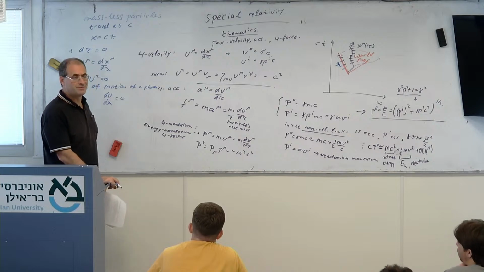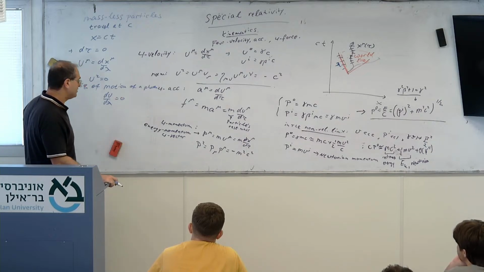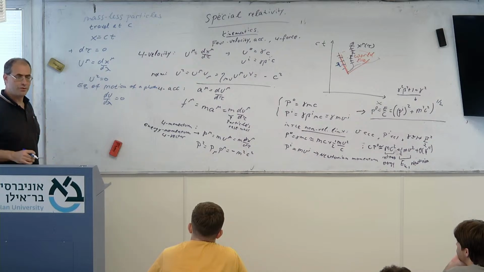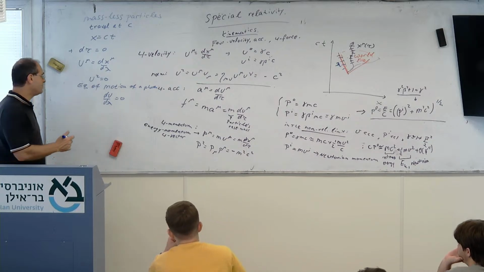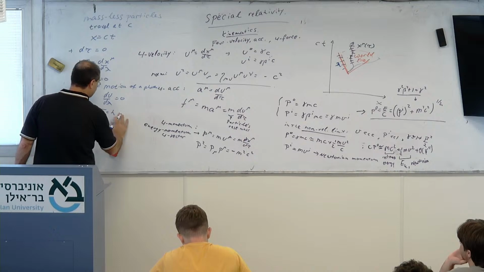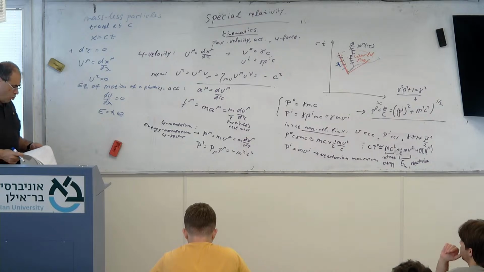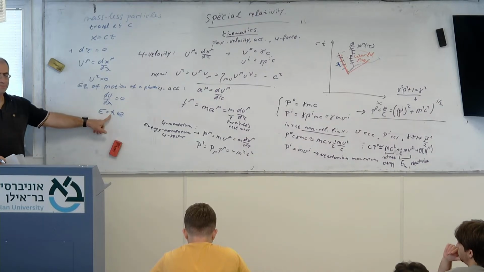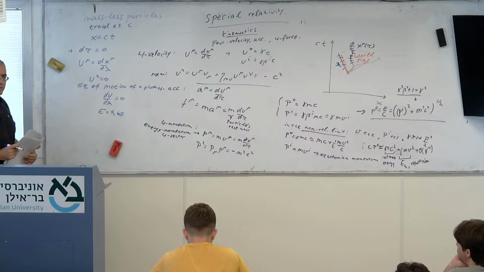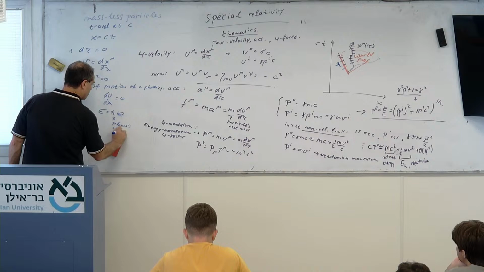Photons do carry energy and linear momentum. It has nothing to do with the trajectories. It has to carry the energy associated with its frequency. Einstein himself showed that, right? So E equals h nu, where h is Planck's constant.